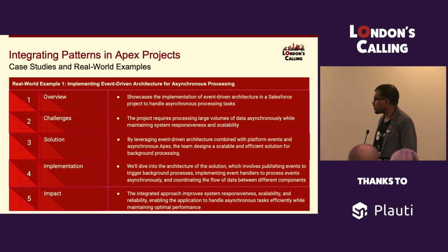For this, the solution is to combine the event-driven architecture with platform events and asynchronous Apex. With this, we can improve the system responsiveness as well as the scalability and reliability, and we can enable the application to handle asynchronous tasks efficiently while maintaining optimal performance.